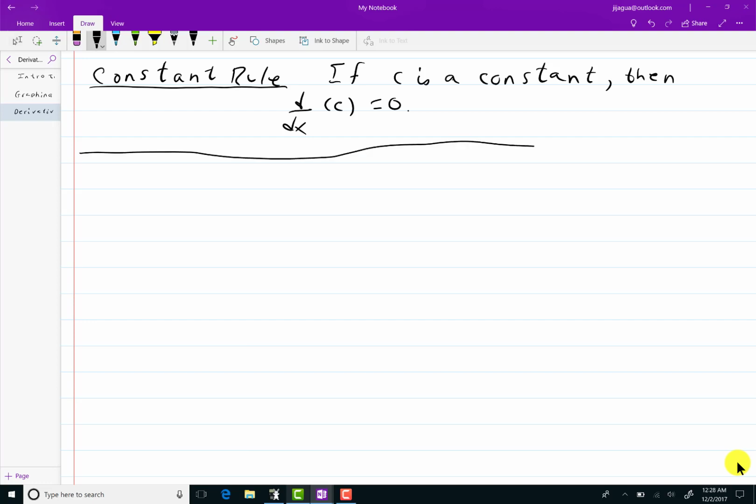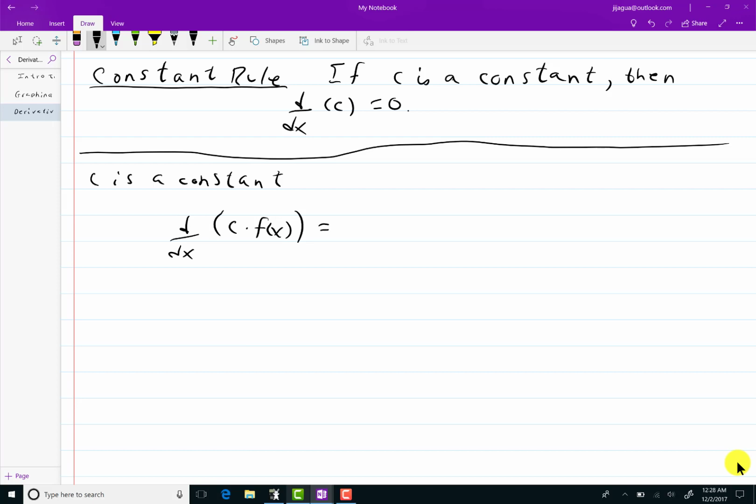Next, c is a constant. d over dx of c times f of x. Now f of x is some function, I don't know what it is, but this is c in front of f of x.